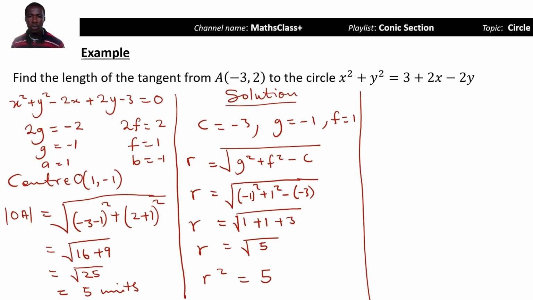Okay, now for the length of the tangent, we will have the longest side, which will be OA.